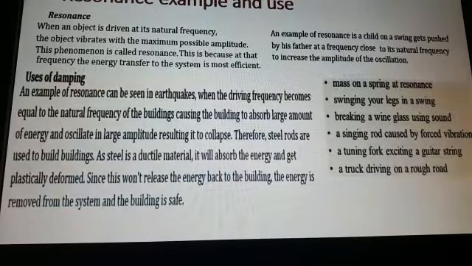Resonance examples and uses. What is resonance? When an object is driven at its natural frequency, the object vibrates with the maximum possible amplitude. This phenomenon is called resonance. This is because at that frequency the energy transferred to the system is most efficient.